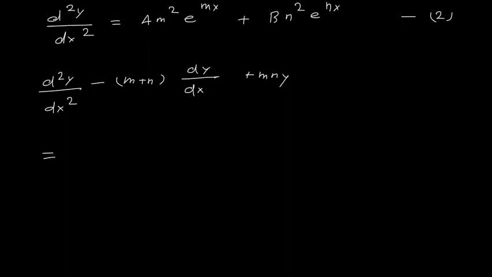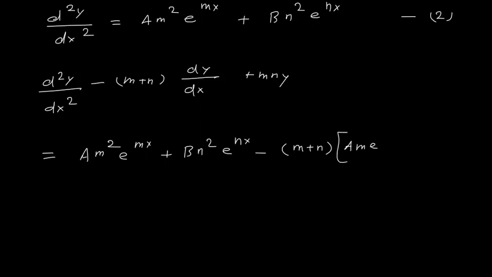Now d square y upon dx square is a m square into e power mx plus b n square e power nx, minus, here we have m plus n, and the value of dy upon dx is a m e power mx plus b n e power nx, and then we have plus mn into y, where y is a e power mx plus b e power nx.